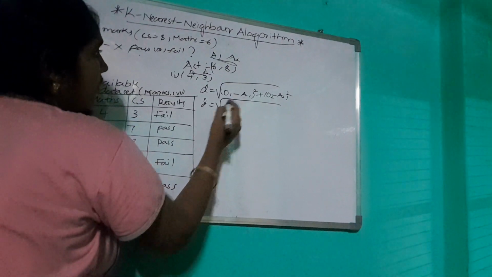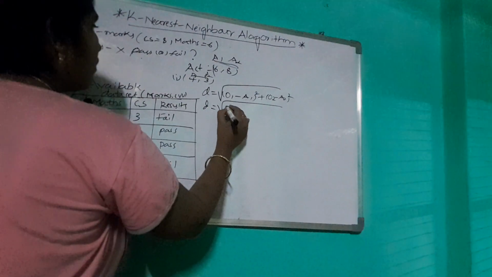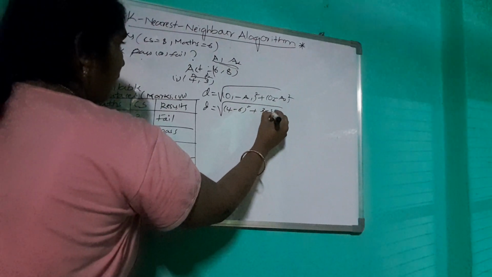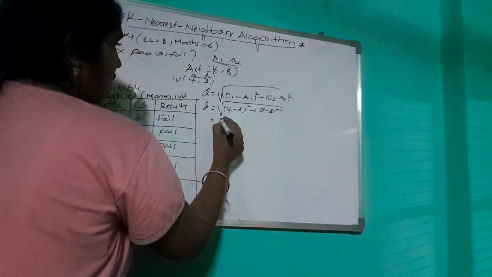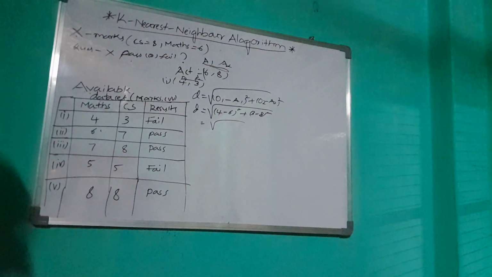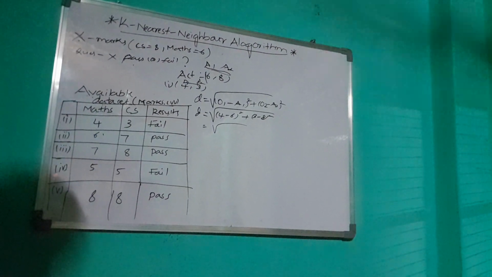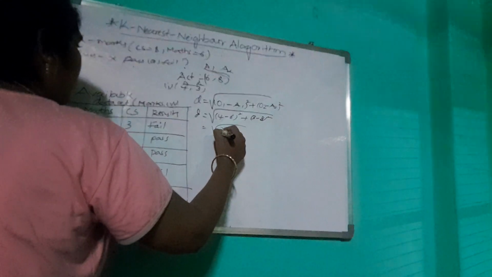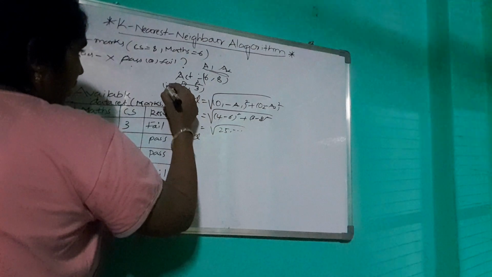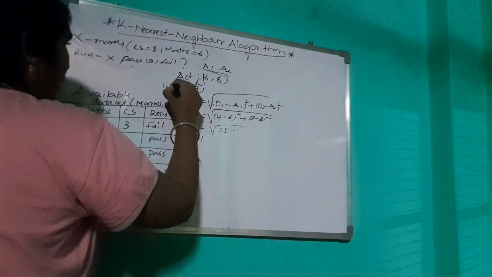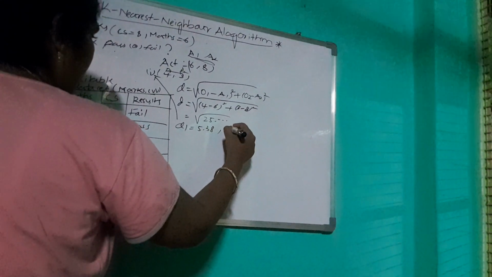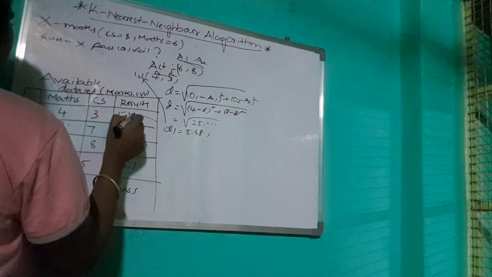Substitute: 4 minus 6 square plus 3 minus 8 square. We get 25 point something, and let us take this distance as 5.38, and the category is fail.